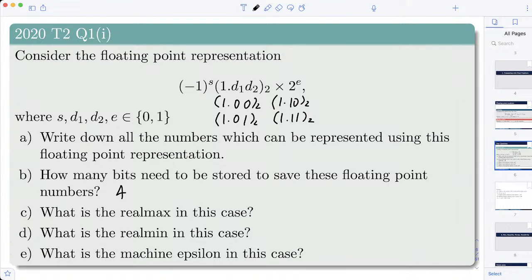But otherwise, these are 4 evenly spaced binary numbers, right? So when you convert them into decimal, this is going to stay as 1, but the rest are just going to be evenly spaced between 1 and 2.